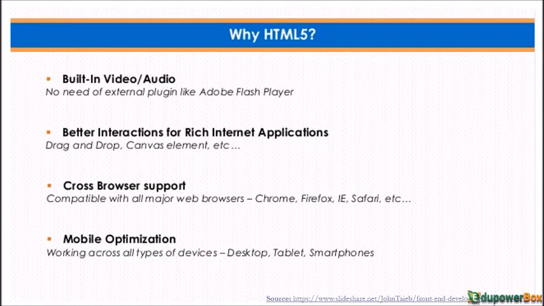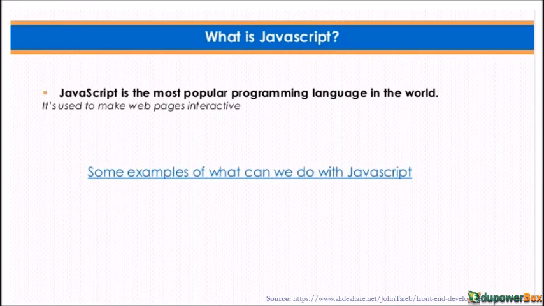You can drag and drop, canvas, elements, and many other things. That alone ended the era of Flash, Adobe Flash, Silverlight, and all that for the web. And its cross-browser support works on virtually all modern browsers, as well as mobile browsers. You can easily integrate your JavaScript, and JavaScript is the most popular programming language in the world out there.